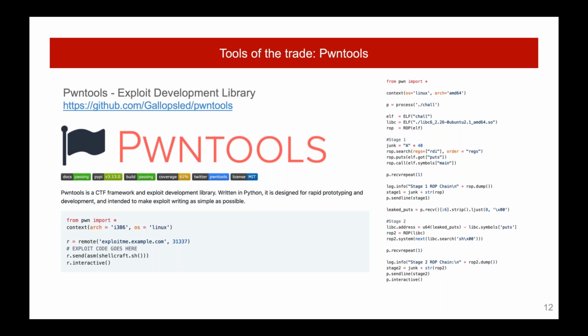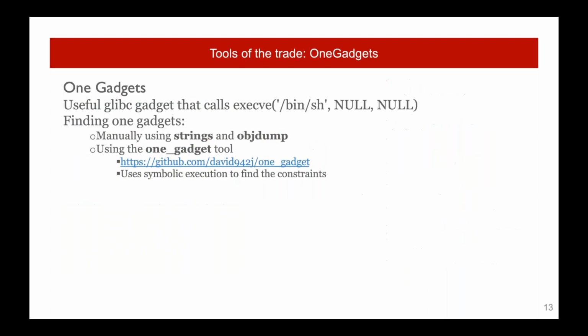We're also using the one_gadget tool. One gadgets are, as the name says, a single gadget that allows you to do execve /bin/sh. So you can get remote code execution by calling a single gadget, instead of trying to do a ROP chain. You can also do that, but this will just save a lot of time for you, especially if you're playing CTFs.